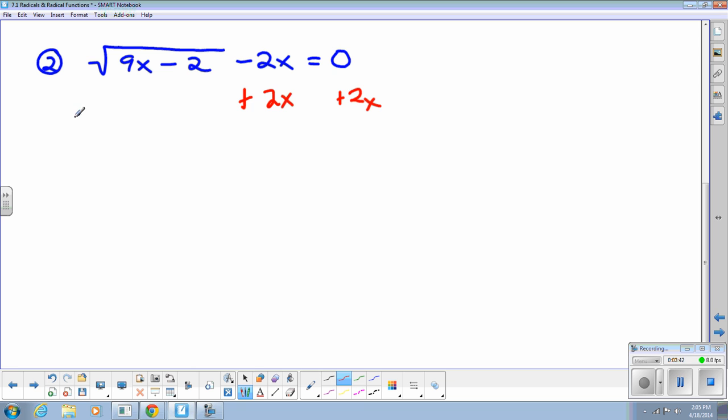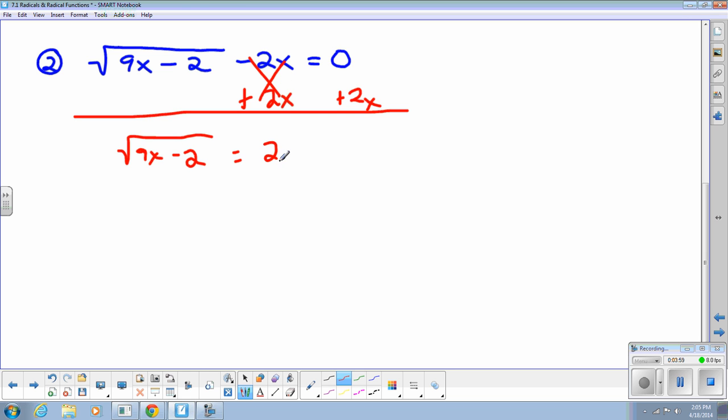After I do that, I have the square root of 9x minus 2 equals 0 plus 2x. These cancel, leaving 2x. Now I can square both sides of the equation.